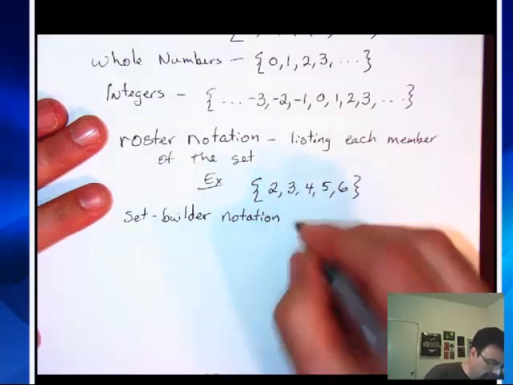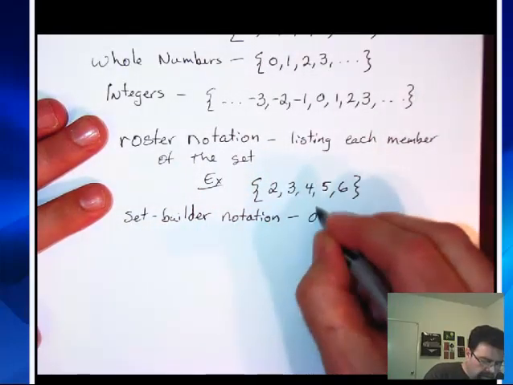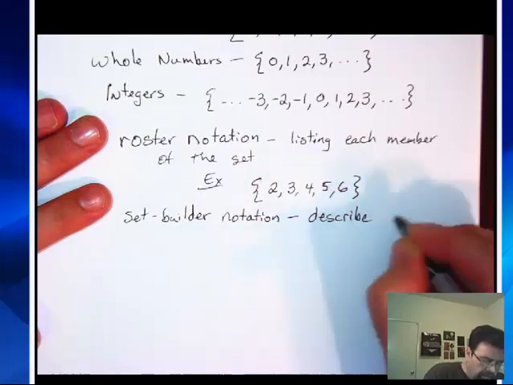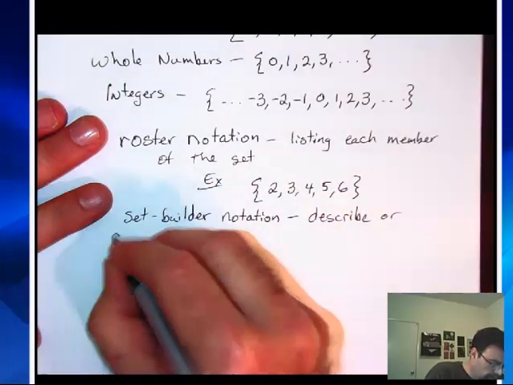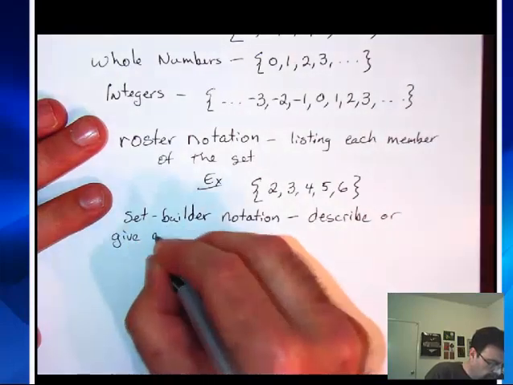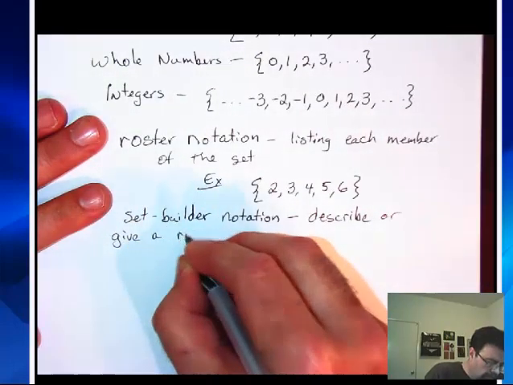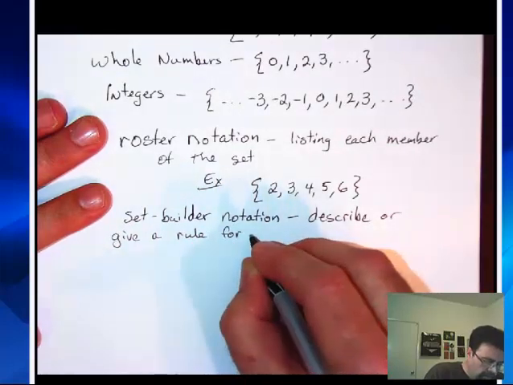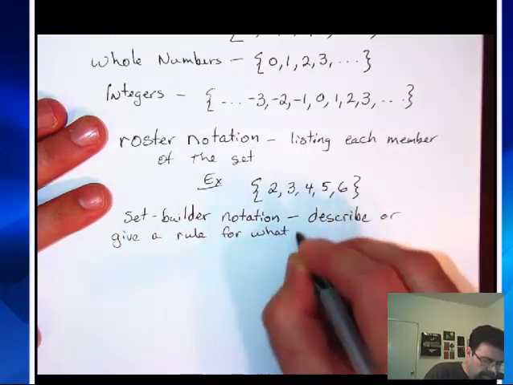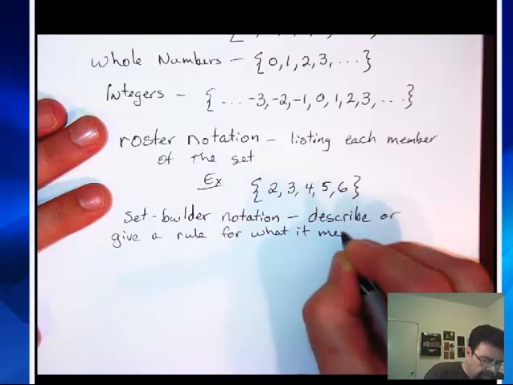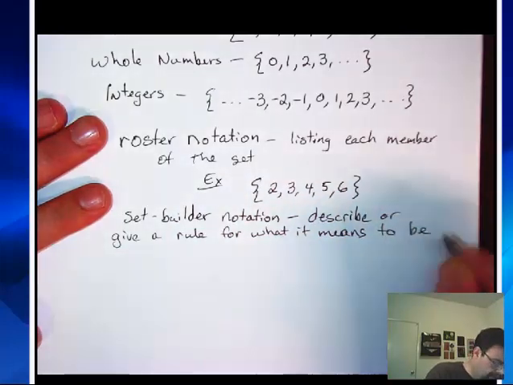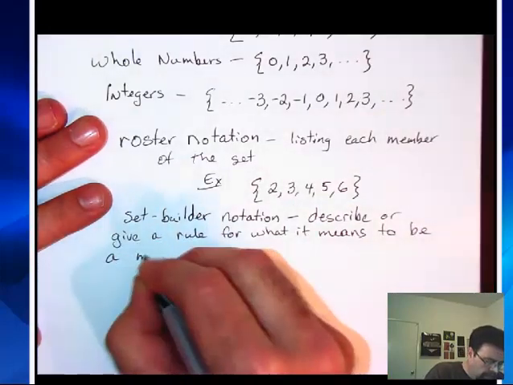And basically, when you use set builder notation, you describe what it means. You're going to describe or give a rule for what it means to be a member of the set.